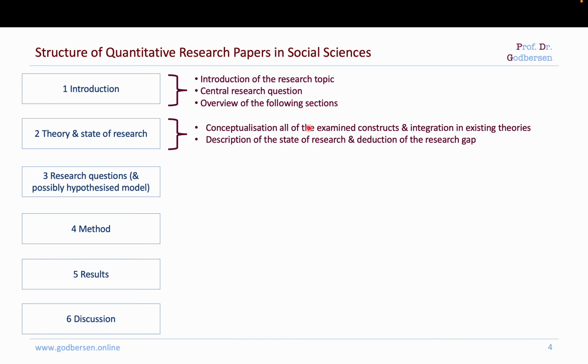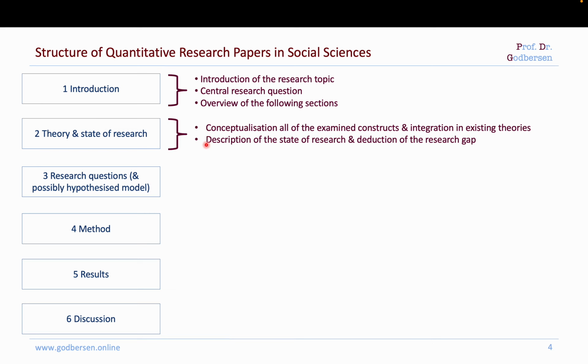The theory section. Here you need to conceptualize all the constructs that you're examining later in your empirical research, and you need to integrate these constructs into the existing theories that you get from literature. Conceptualization is another word for definition. So you need to define all your constructs.